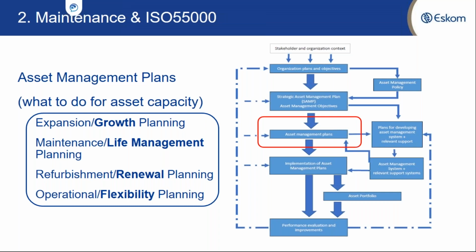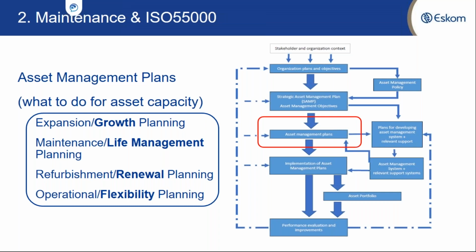These asset management plans are what we need to do for assets. It's the things that we need to do on assets in order to address the risks and opportunities. Starting with expansion planning, we do it for growth. We see opportunities for growth, then we expand. Then maintenance planning, we do it for life management.